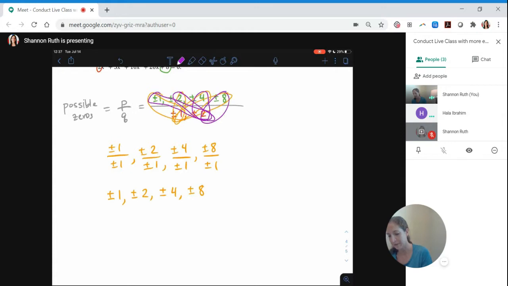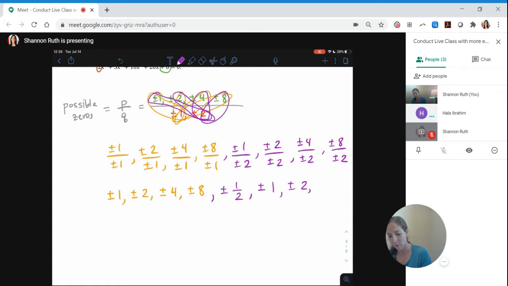So now I'll take each of the numerator terms and divide by the 2. So it looks really crazy for just a second. So 1 divided by 2, 2 divided by 2, 4 divided by 2, 8 divided by 2. And then I'll reduce those down real quick. So I heard half, then we'll get 1, 2, and 4.